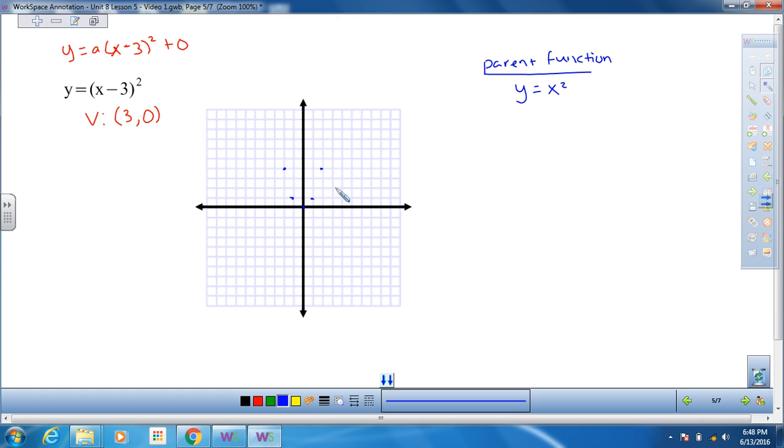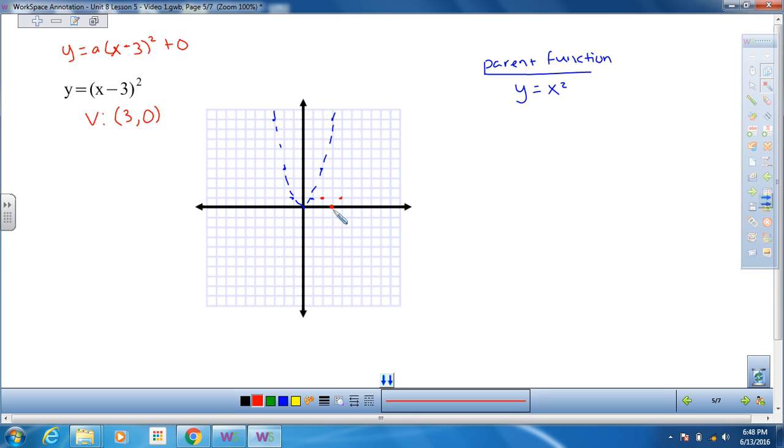Remember, we also could have 3, 9 as well. I'm just going to dash this. Okay, so from my parent function, my vertex moves from 0, 0 to 3, 0. And then everything else stays the same. So all the points are just shifted to the right 3.